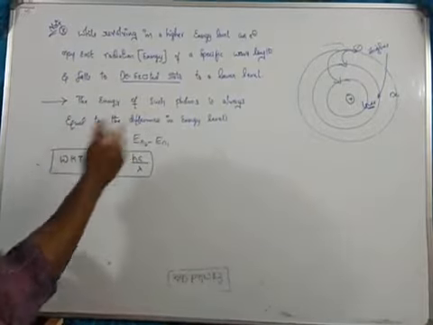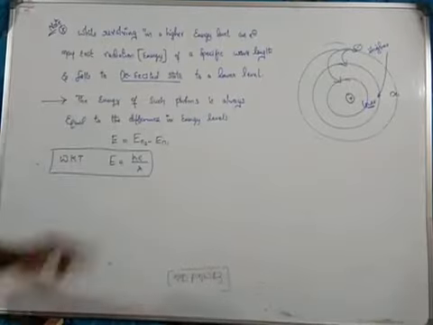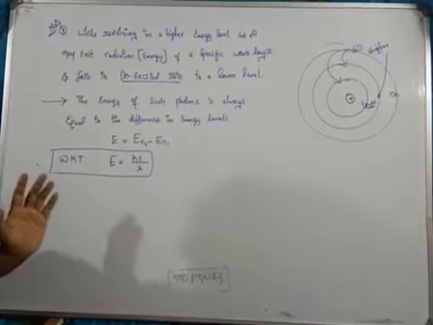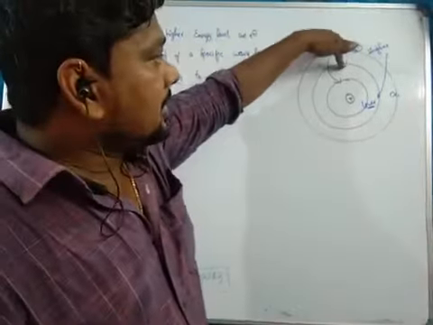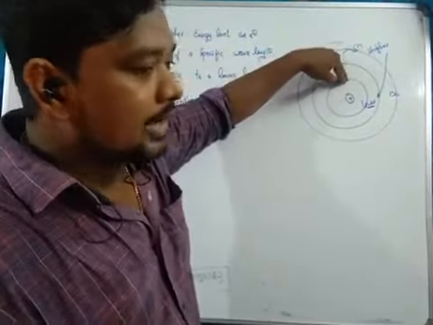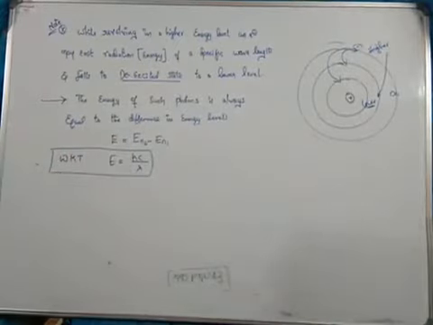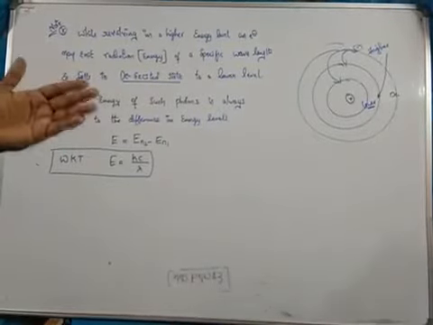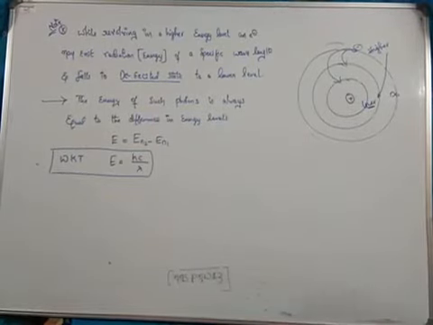The energy of such photons, whatever the emitted radiated energy we have, is always equal to the difference in energy levels. From higher level to next level we have some difference, similarly from higher level to lower level. We already calculated all these terms. That's E equals E n2 minus E n1, the difference between the before level and next level, or next level and before level.